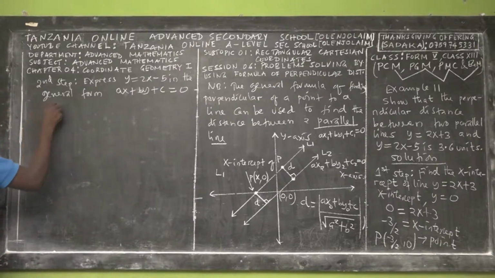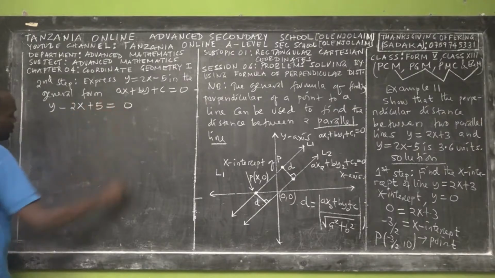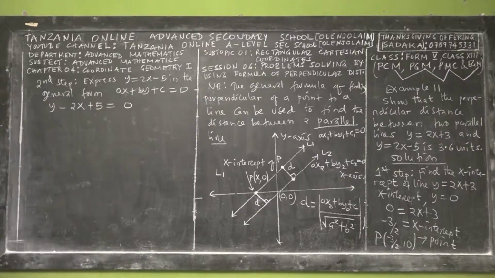So this is y minus 2x plus 5 is equal to 0. Okay. So if that's the case, fine.